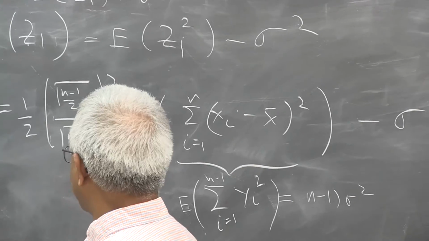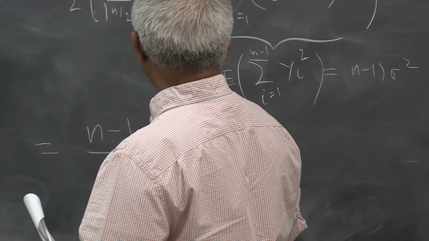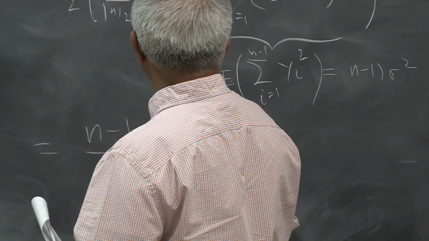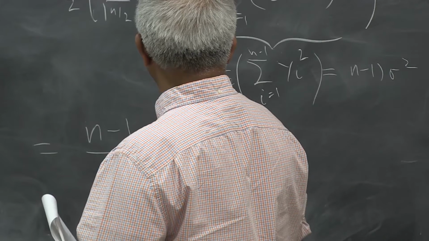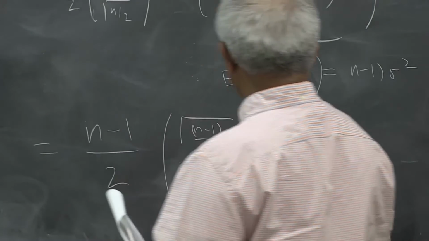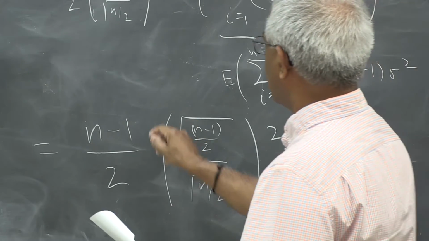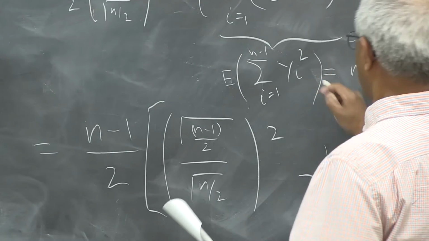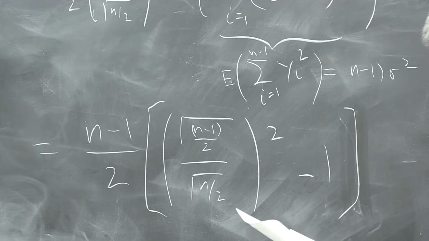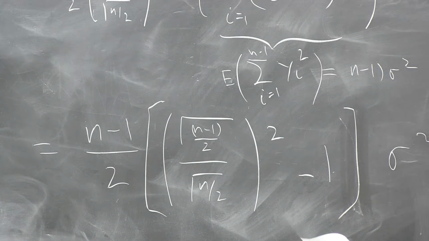The variance will turn out to be (n minus 1)/2 multiplied by gamma of (n minus 1)/2 divided by gamma of n/2, the whole squared, minus 1, multiplied by sigma squared. This minus 1 is from here.